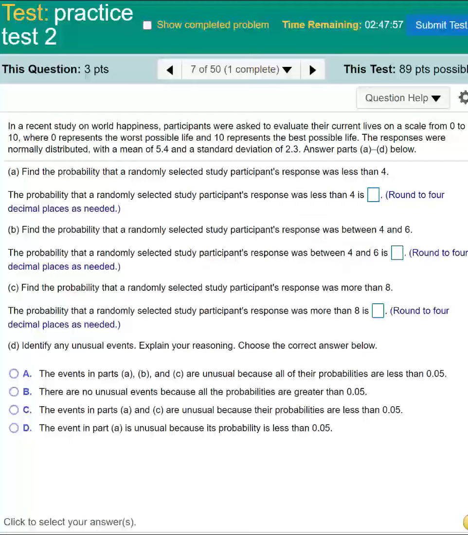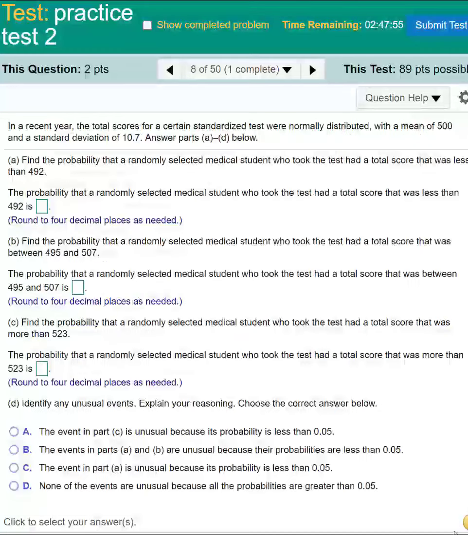Okay, next question. Very much similar question. In a recent year, the total scores of a certain standardized test were normally distributed with a mean of 500, standard deviation of 10.7. Find the probability that a randomly selected medical student who took the test had a total score that was less than 492.